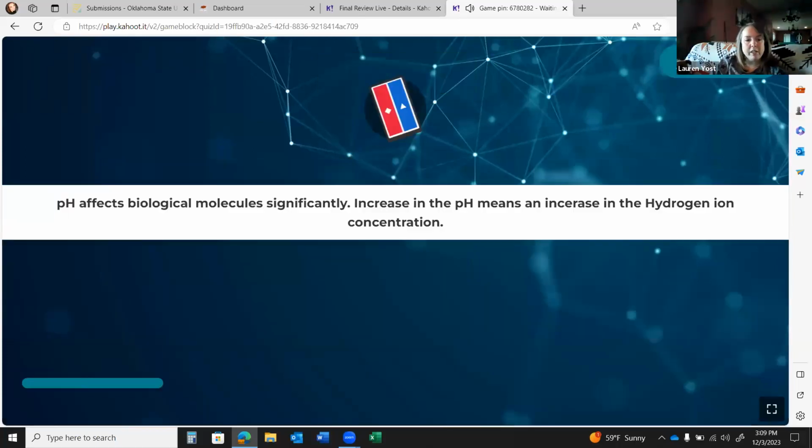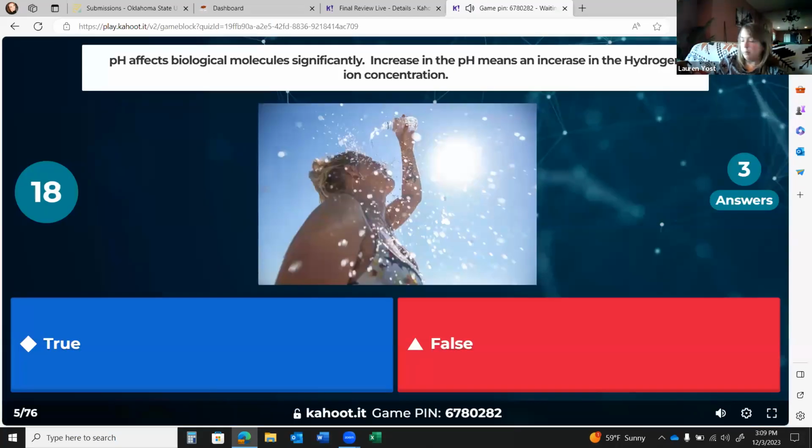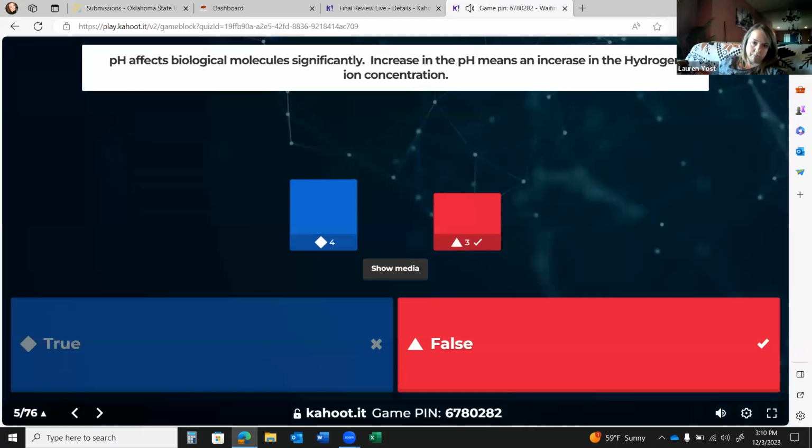Okay. pH affects biological molecules significantly. Increase in the pH means an increase in the hydrogen ion concentration. Is that true or false? All right, pretty fairly split here.